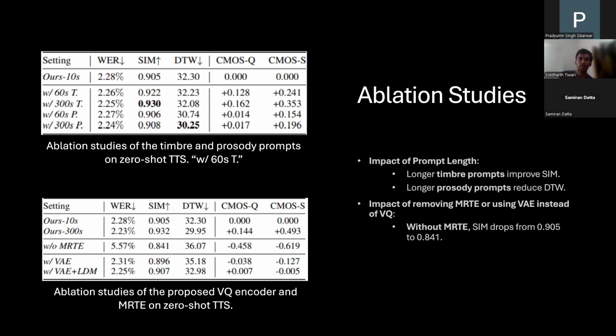To sum up, the Mega-TTS 2 model, as presented by the authors, demonstrates strong performance in both zero-shot speech synthesis and prosody transfer. Their approach of separating timbre and prosody and using multi-sentence prompts leads to more natural and flexible voice synthesis, outperforming current state-of-the-art methods.